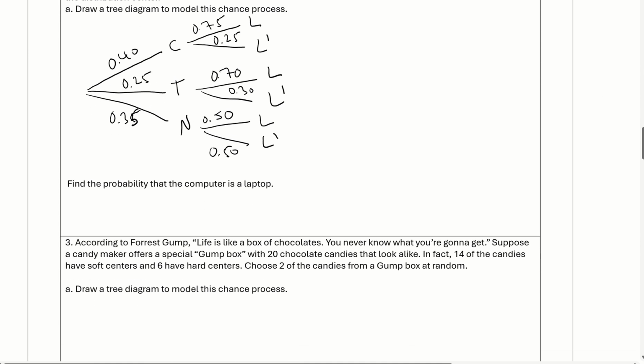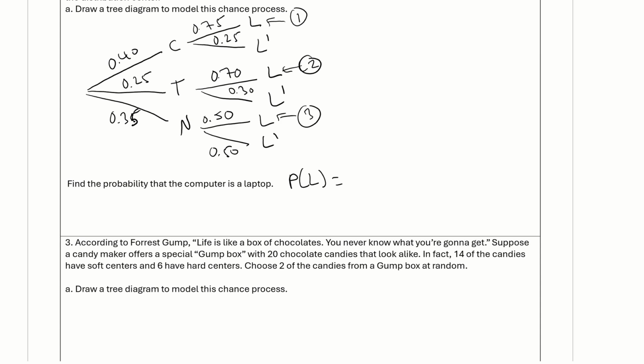So find the probability that the computer is a laptop. So probability of laptop. So that's this pathway, this pathway, and this pathway. We're going to do this, this, and this.